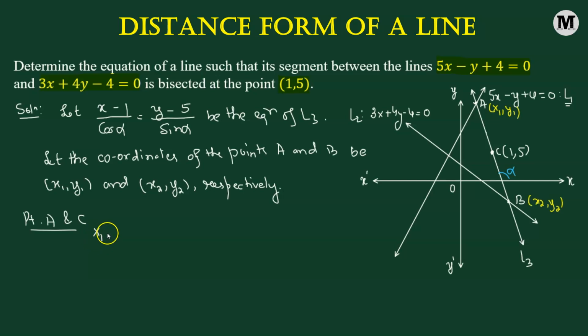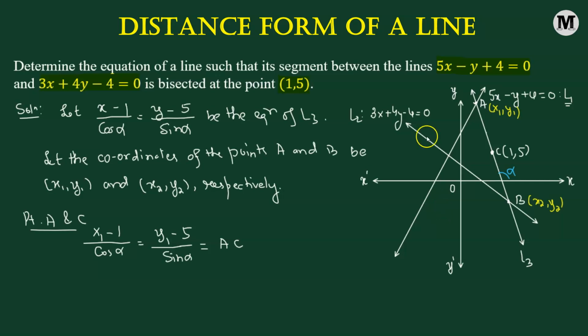So we have x1 minus 1 divided by cosine of alpha, because the line is making the same angle alpha with the x-axis, equal to the difference of the y coordinate, y1 minus 5 divided by sine of angle alpha, and this is going to be equal to the distance AC.